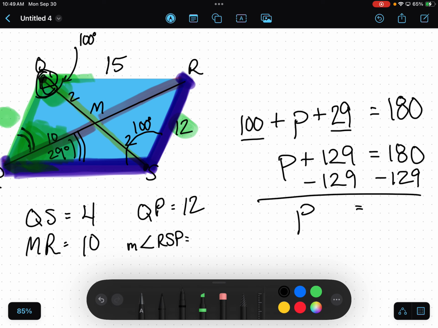What's 180 minus 129? 51? So that angle would be 51 degrees. That's probably one of the harder ones you're going to have, and there aren't very many of those on there. Okay, just so that we know, but that's the last part.